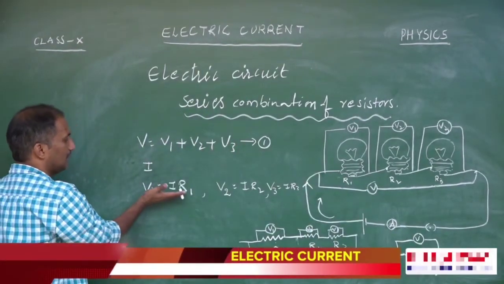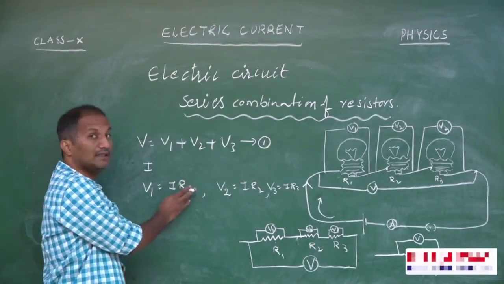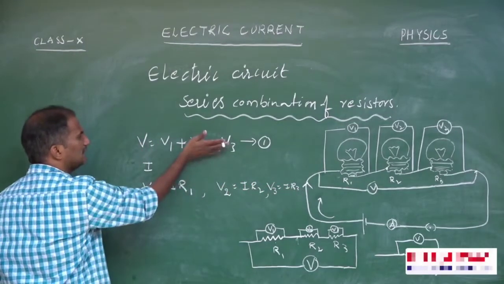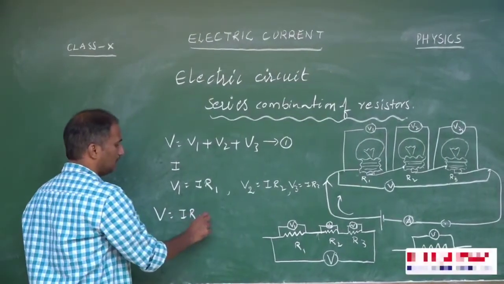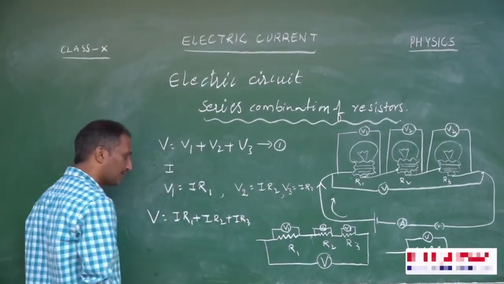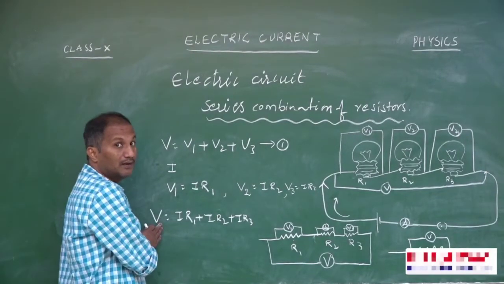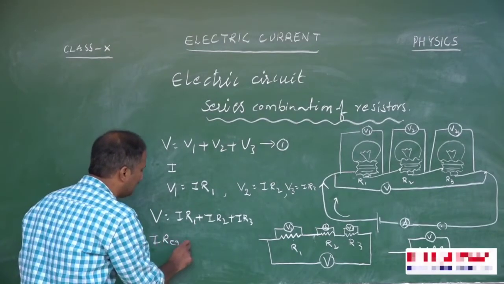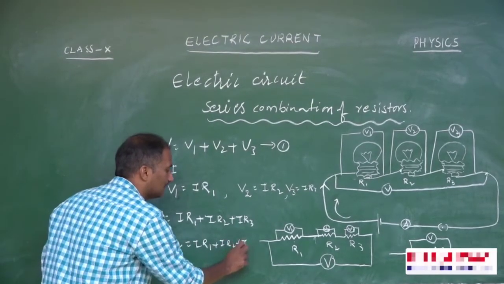Now let us come again to the individual potential differences, that is, V1 equal to IR1, V2 equal to IR2, V3 equal to IR3. Now replace all these in equation 1. Now V equal to IR1 plus IR2 plus IR3. We also know that the resultant potential V is equal to I into R equivalent, which equals IR1 plus IR2 plus IR3.